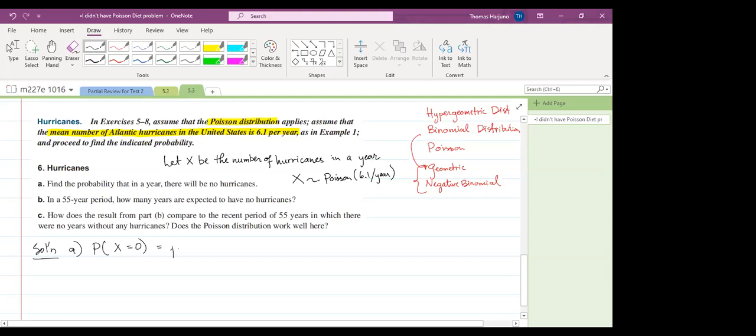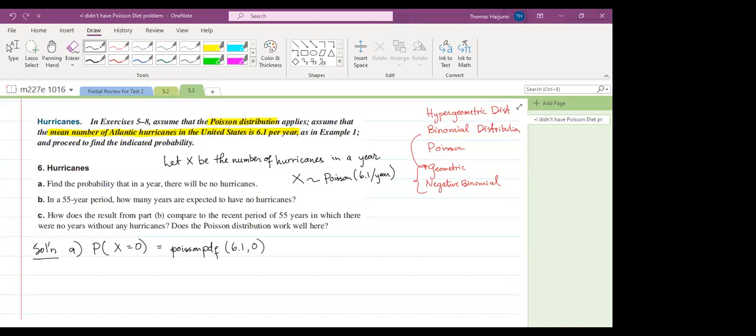That will be Poisson PDF, 6.1, 0. Okay, then I use my calculator.